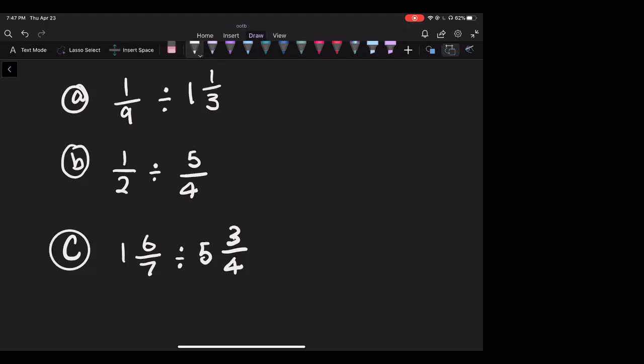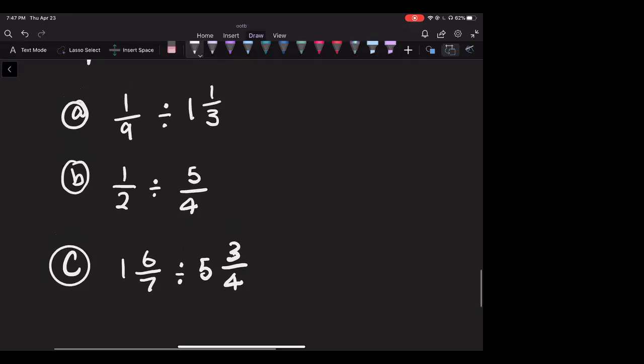Okay. Should I tell you the answer to the first one? Yes, please. The first answer is 3 over 36. Yes, that's correct. Can we simplify that?